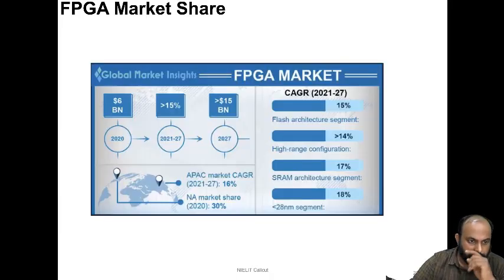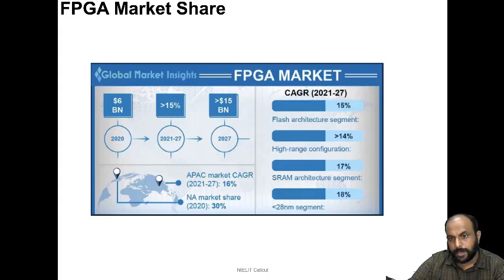Now if you look at the FPGA market share in 2020, these are statistics by Global Market Insights. In 2020, the FPGA market is worth 6 billion. By 2027, it is supposed to rise to more than 15 billion, with Asia Pacific having a compounded annual growth rate of 16%, compared to the American counterpart.